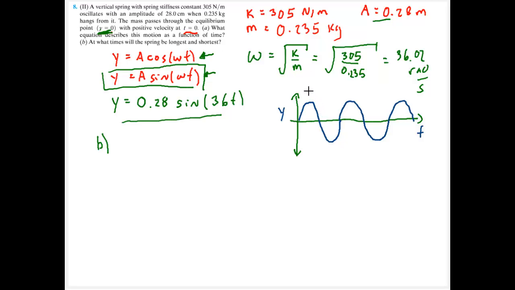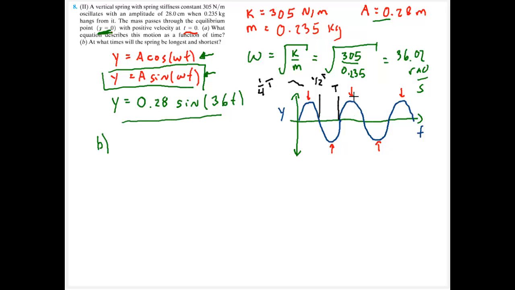So the spring is going to be its longest here, here, and here. It's going to be its shortest here, here, and here. I know that this is the period T. Point right here is going to be half of T. So it's going to be its longest at 1/4 of the period.